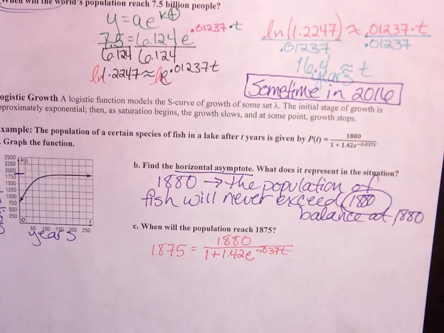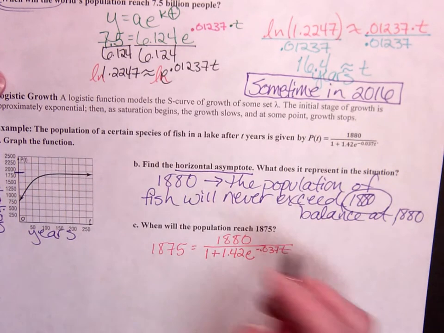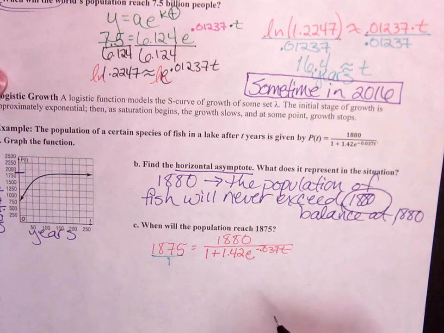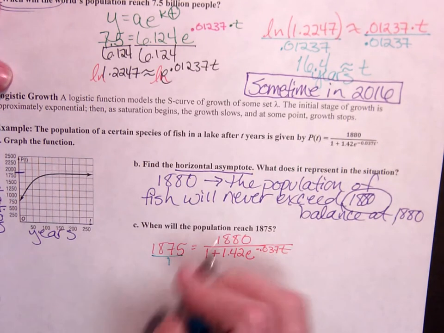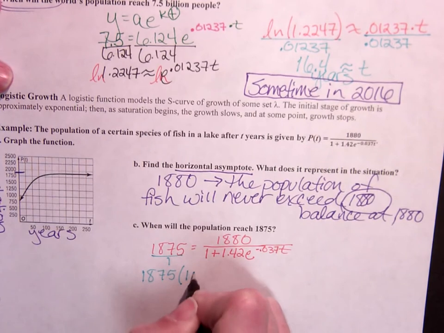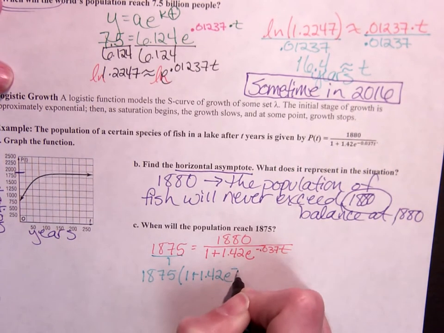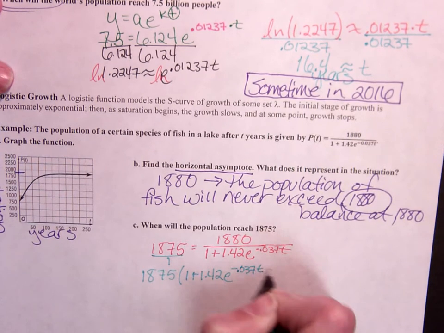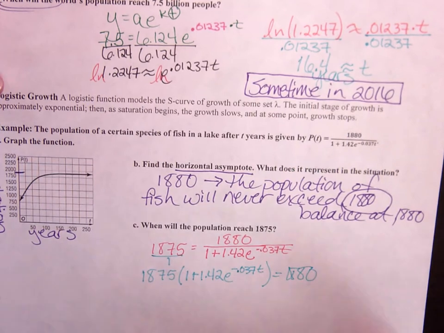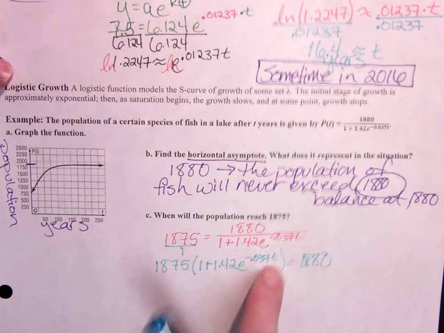Well, if I think of this as being over 1, we can multiply 1875 times 1 plus 1.42 e to the negative 0.037 t equals 1880. I'm not going to distribute that through there because I'm trying to get t by itself.